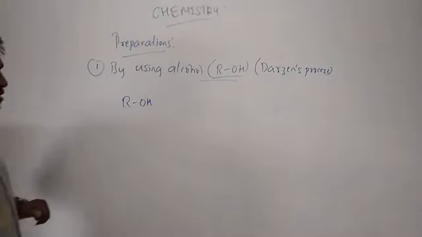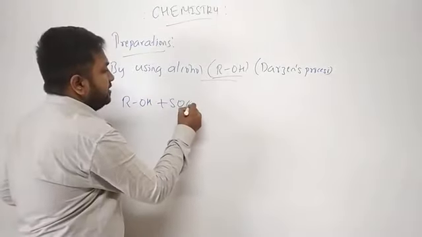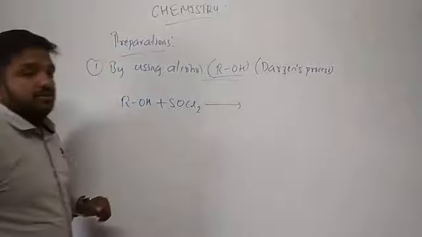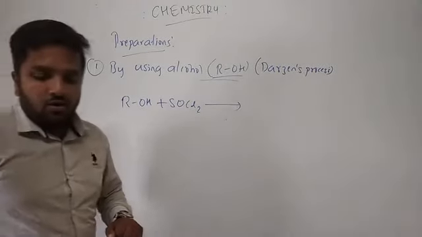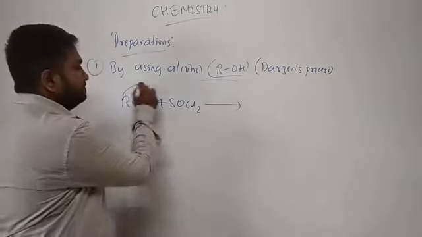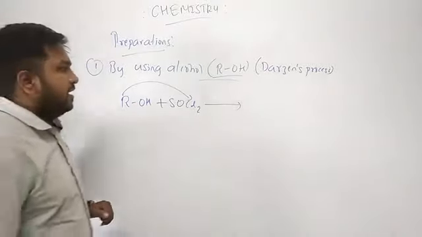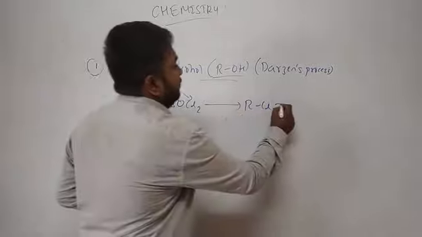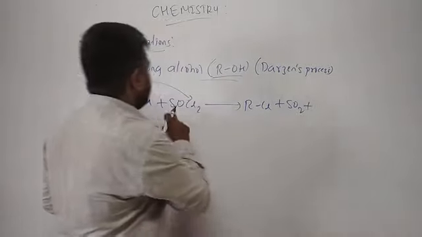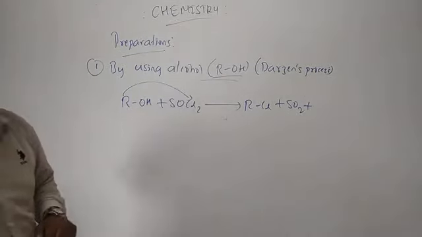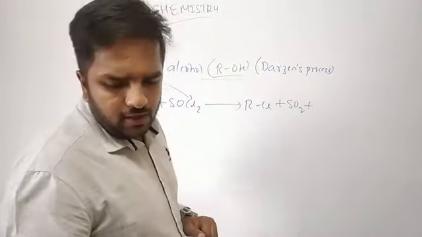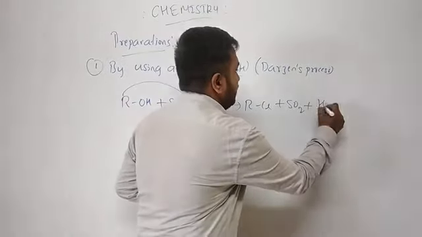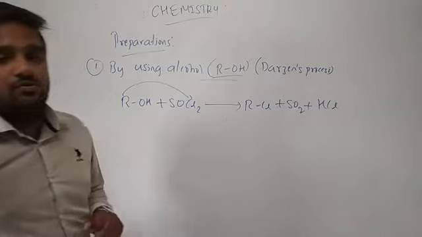ROH, that is alcohol, when it is treated with SOCl2, that is thionyl chloride, we will get the alkyl halide RCl with sulfur dioxide and with the liberation of hydrogen chloride or hydrochloric acid.